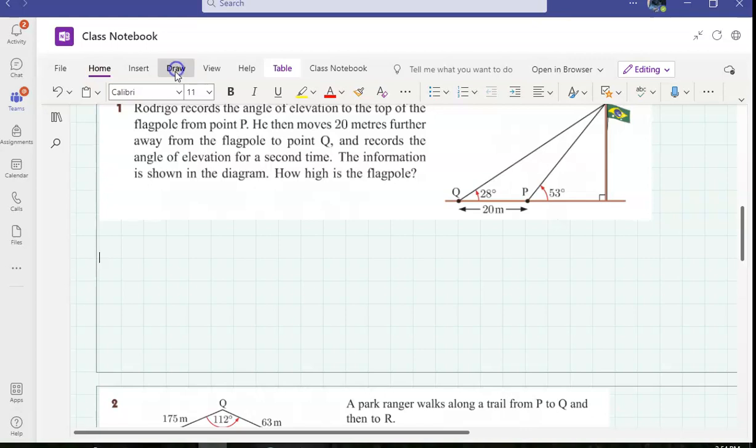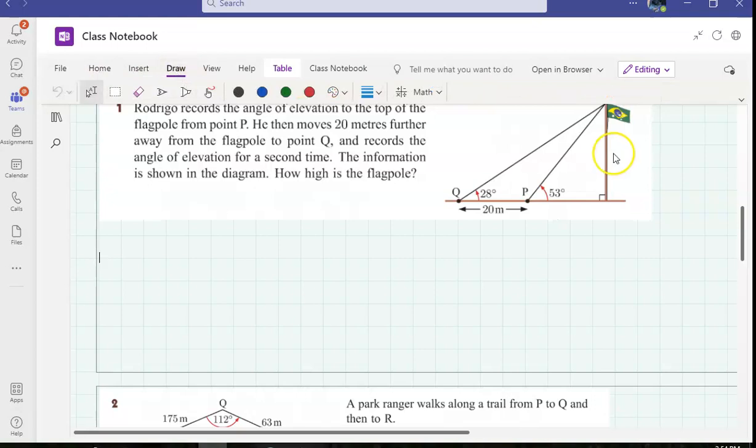So we want to find x here. But if you look at this little right angle triangle, all you have is the 53 degrees, not enough information. If you look at the bigger triangle, same thing.